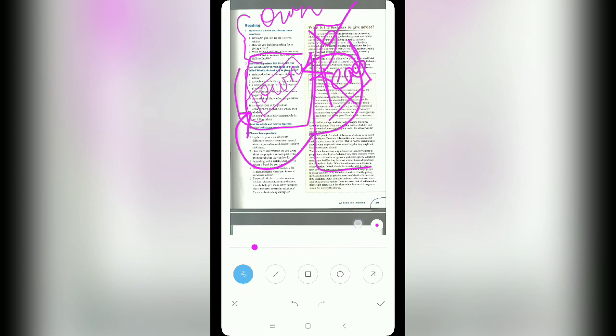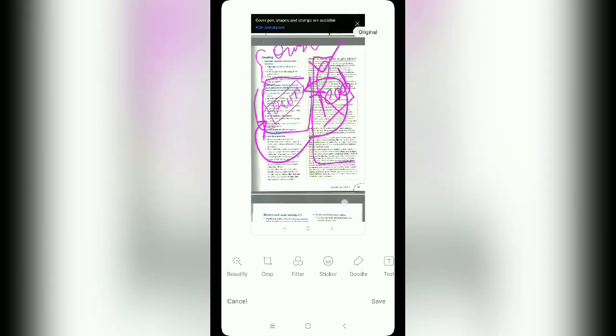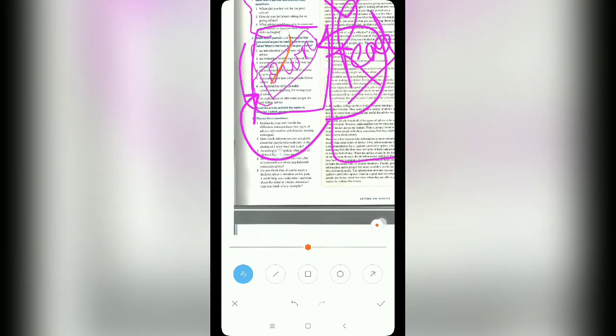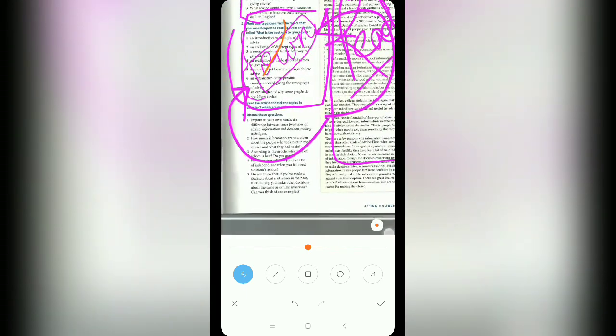Okay students, now we come to question number 4. Question 4 is discuss the questions.